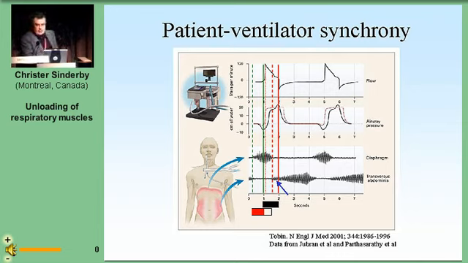Here comes the question again: do we get muscle injury when we do this kind of ventilation or not? I also want to point out that the actual end of the peak of the EMG activity coincides with the onset of flow. So there's really a big mismatch. Now, is this kind of reduced?